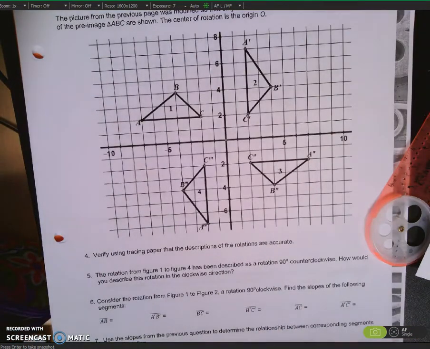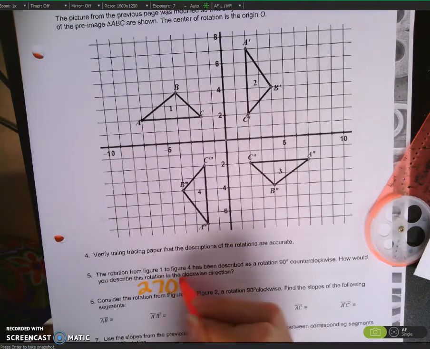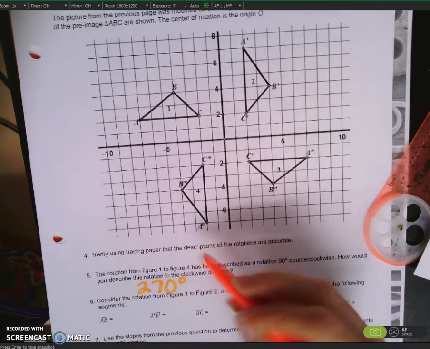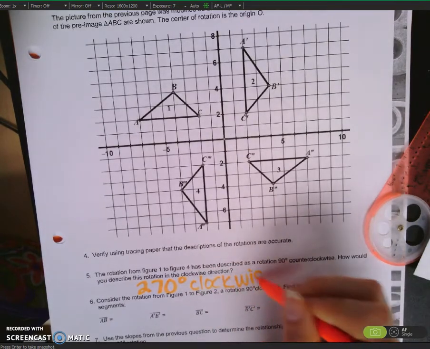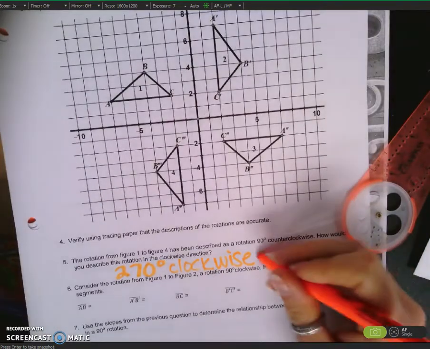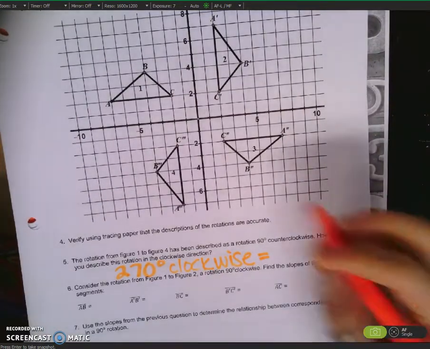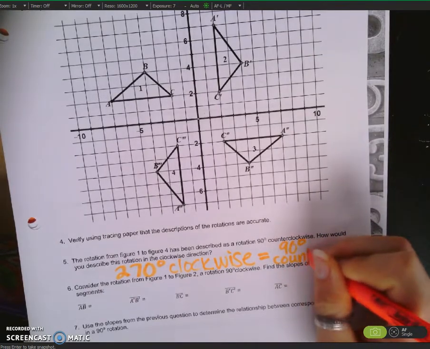So how many degrees is that? That's right. It's a 270 degrees clockwise rotation. So whenever I say 270 degrees clockwise rotation, make sure to note that that is equivalent to 90 degrees counterclockwise.